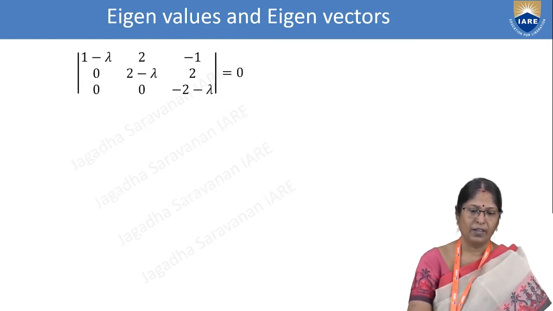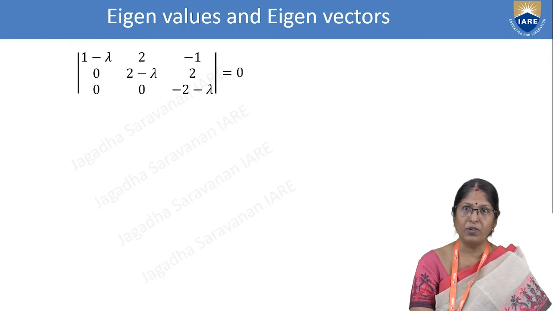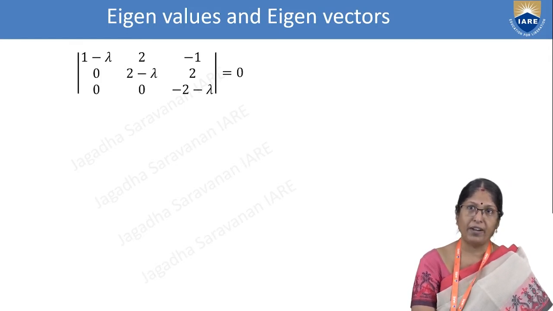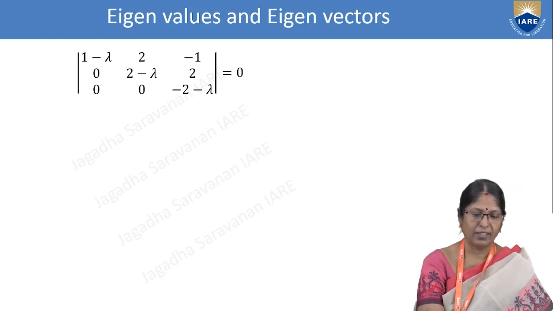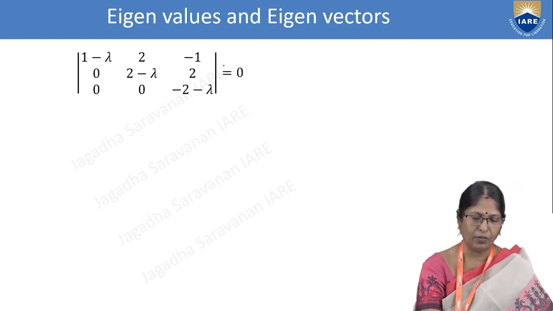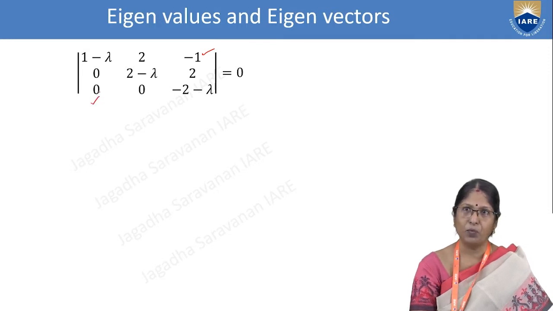Now, the determinant equal to 0. To find the determinant, we have to expand it. This is R1, this entire row. If it is like this, this is C1.